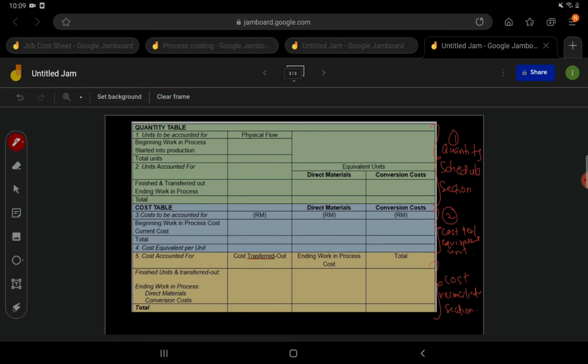Okay, for the first section, the quantity schedule. This section summarizes the flow of physical units through the relevant processing department, right? This is our first step for process costing, the physical flow.